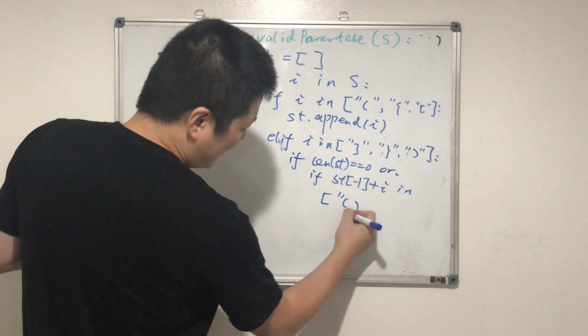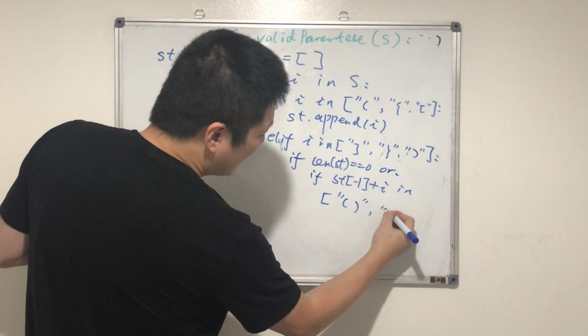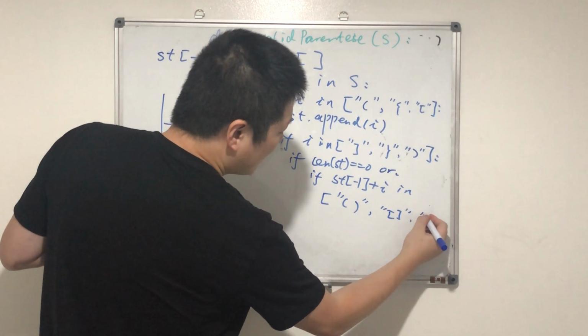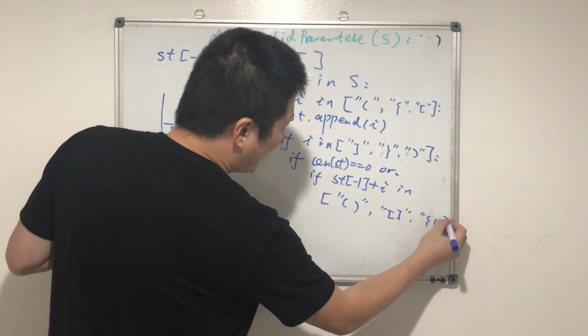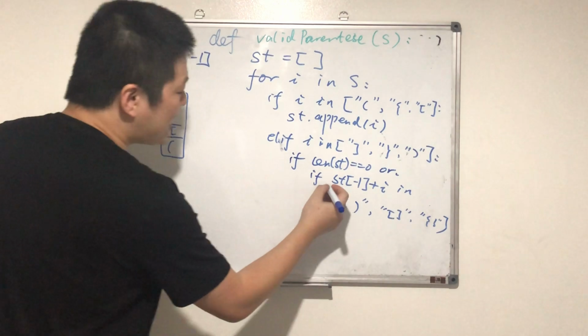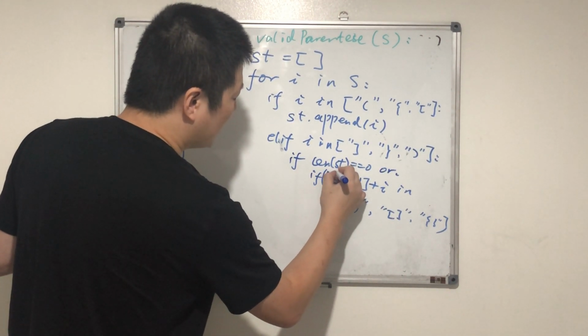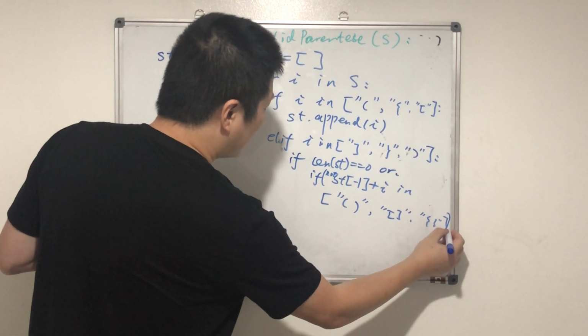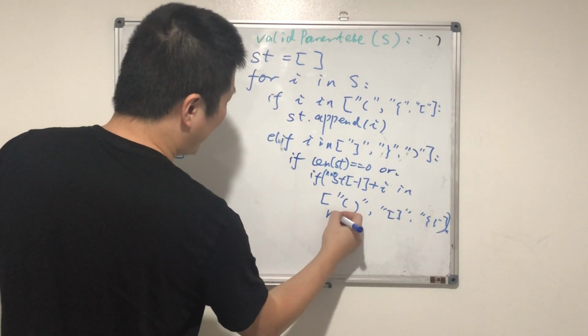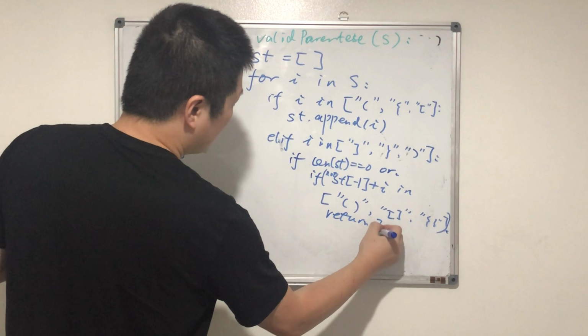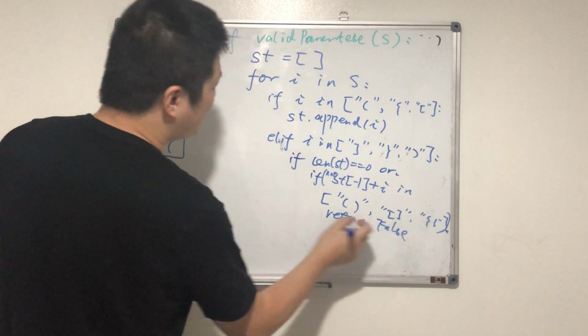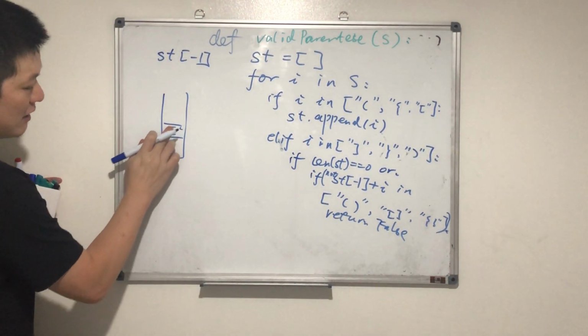In this is a valid pair, yeah? This is a valid pair. This is a valid pair, right? If not in, this is a valid pair, but we are looking for not. So not this one, colon, return false, right? And then after that, we need to pop this from the stack.